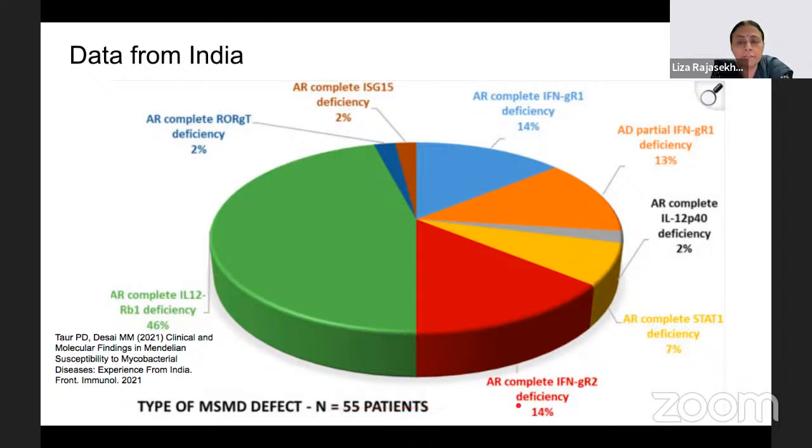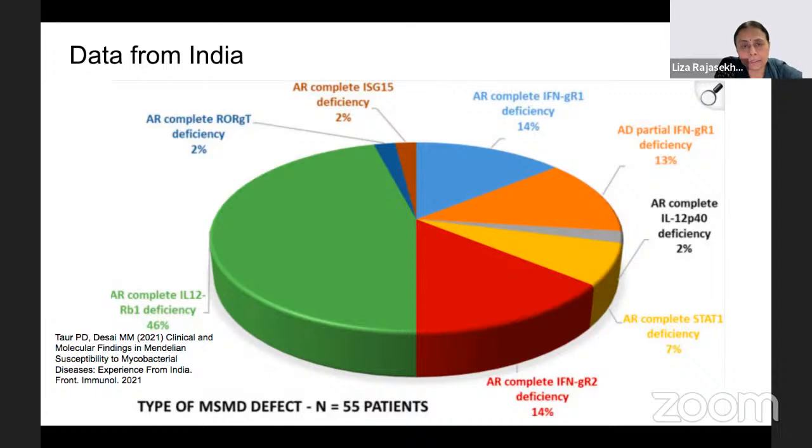But you could also have partial deficiencies instead of complete deficiencies. This is important because that also decides how sick the child will be, how urgent will be the need for hematopoietic stem cell transplantations.